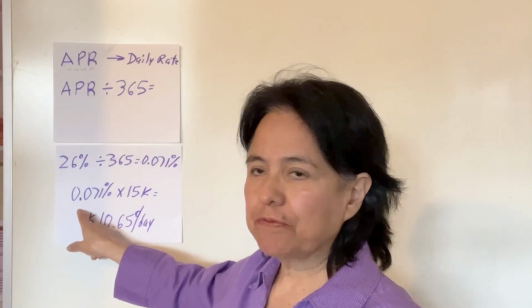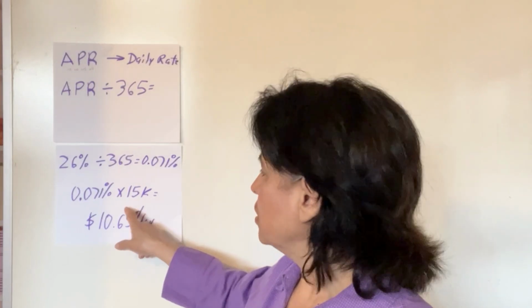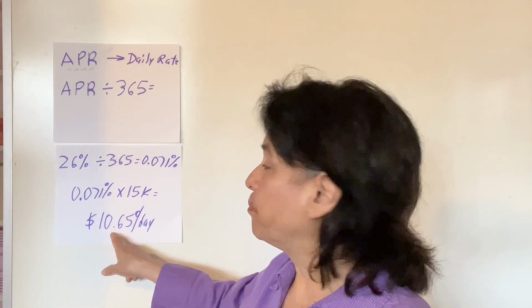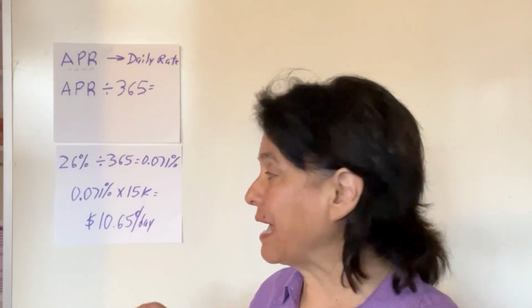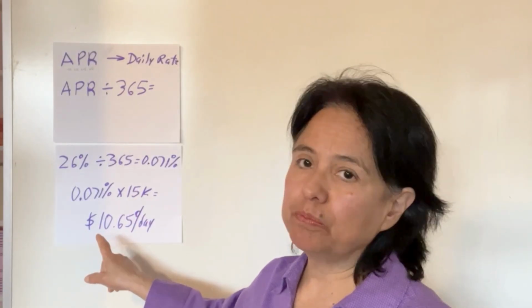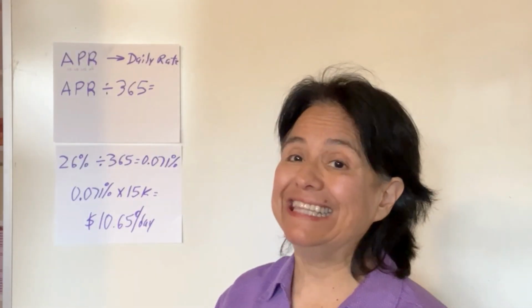This 0.071%, you're going to multiply it by the amount you owe, that is $15,000, and per day you're going to be paying for that amount. For $15,000, you're going to pay $10.65 per day.